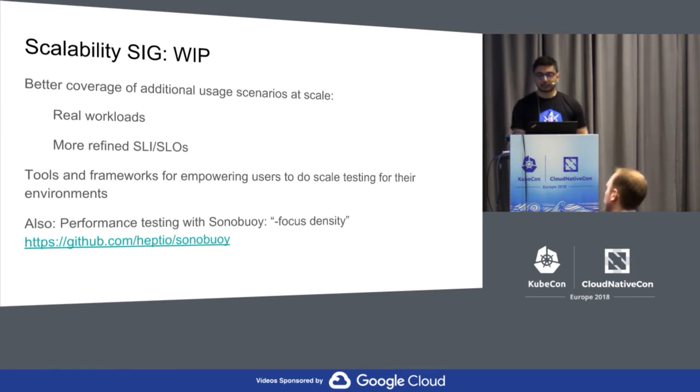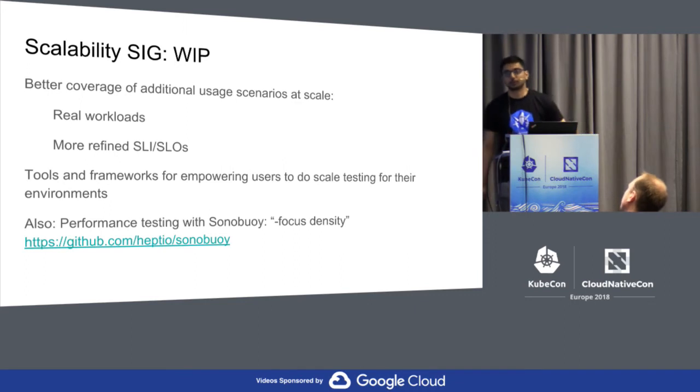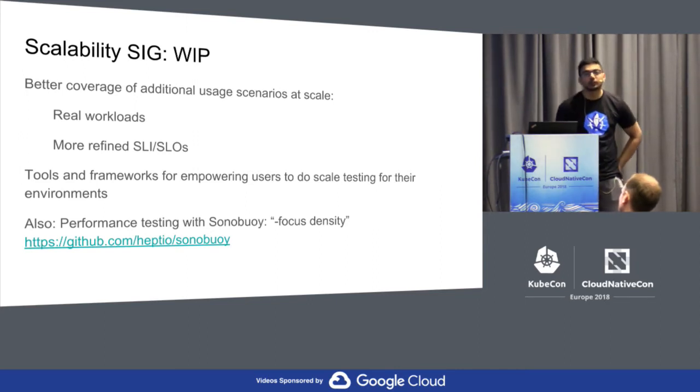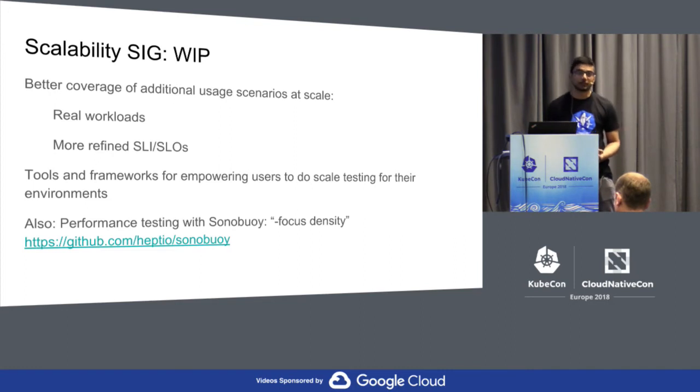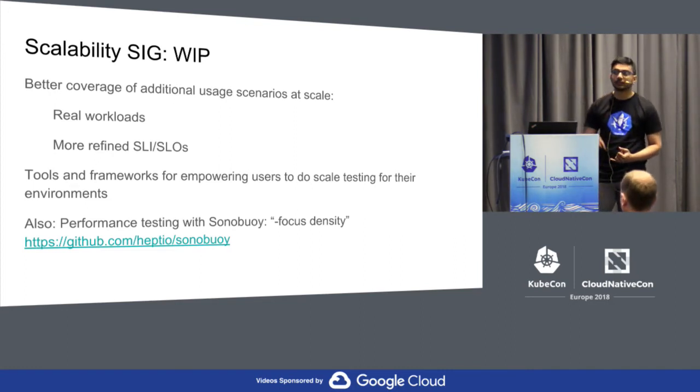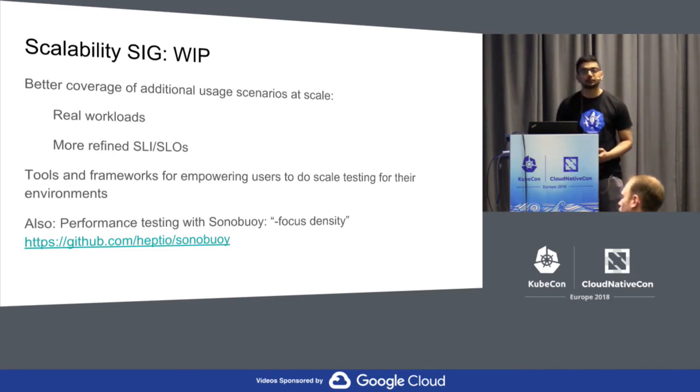And the other thing I already mentioned is having improved and better SLIs and SLOs. And the third main area is developing tools and frameworks, which help us understand in better detail the tiny aspects of performance and understand what exactly is happening at different places.